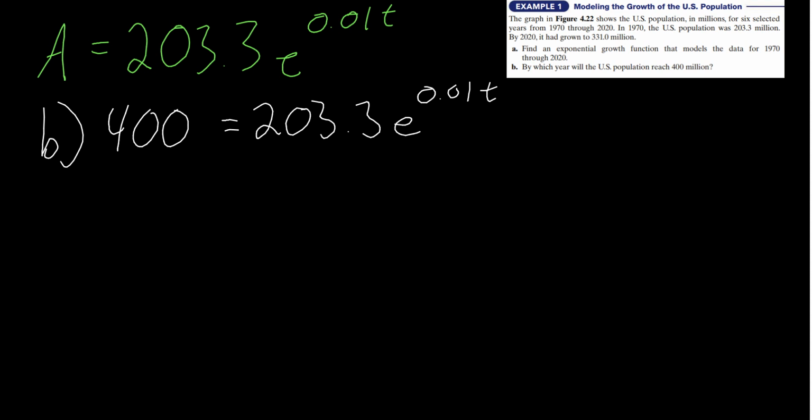Similar to what we did before, we divide both sides by 203.3, so we have 400 divided by 203.3, and that's equal to e raised to the 0.01 t power.